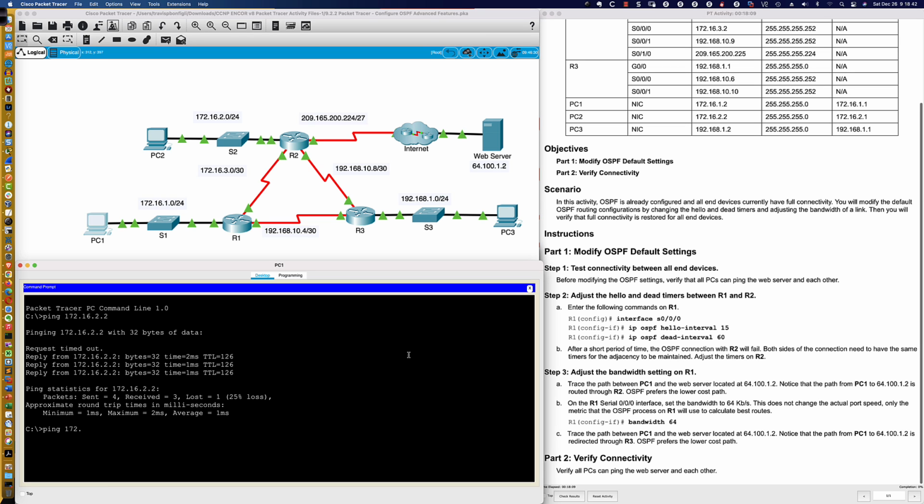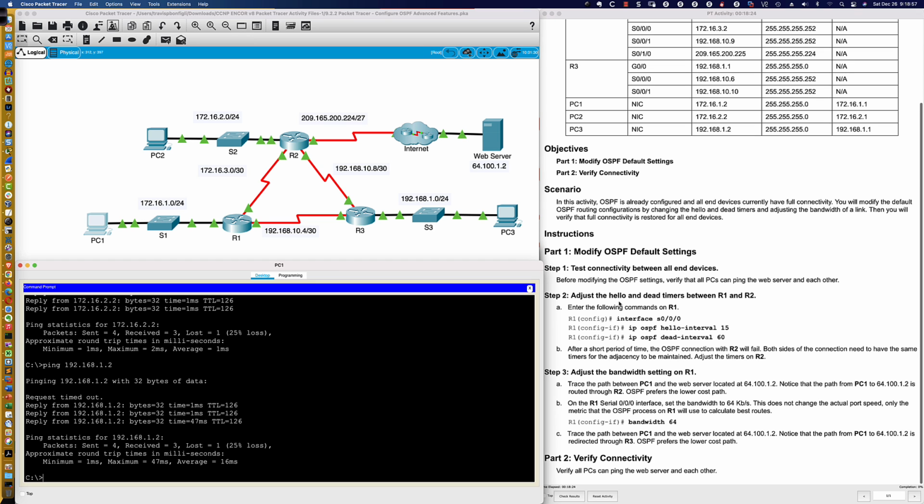And now we're going to do PC3, which is 192.168.1.2. And we should be able to hit PC3 without any issues. Now, one of the reasons I'm going to be adding in a lot of additional information to this activity, as you can see, we're not really doing a ton of advanced OSPF features.